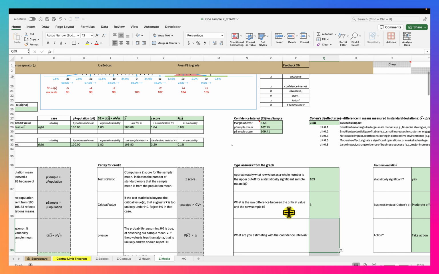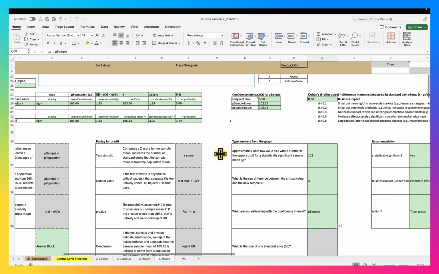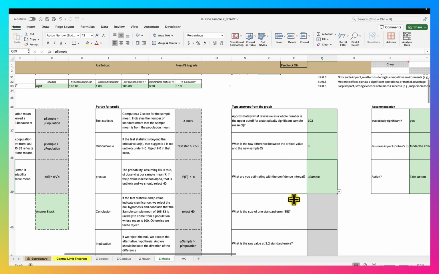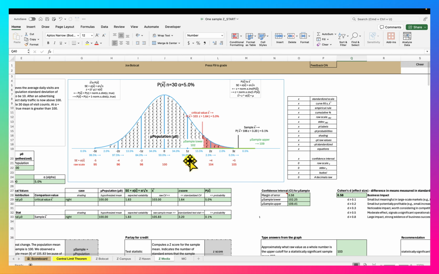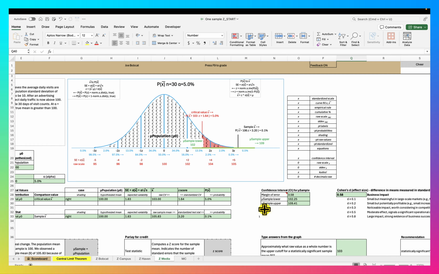Obviously, it's a little bit different than that. What are you estimating with the confidence interval? With the confidence interval, we're estimating the true population mean from the sample that we got. And what's the size of one standard error from the graph? That is equal to 2, from 100 to 102, so it's 2.